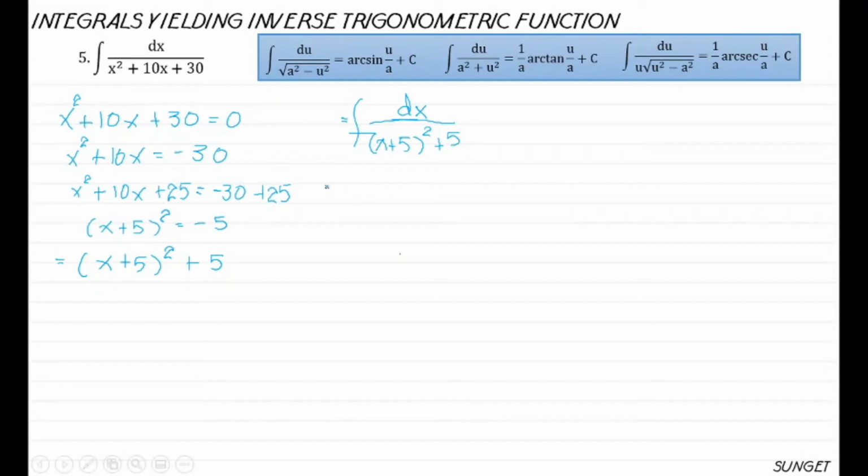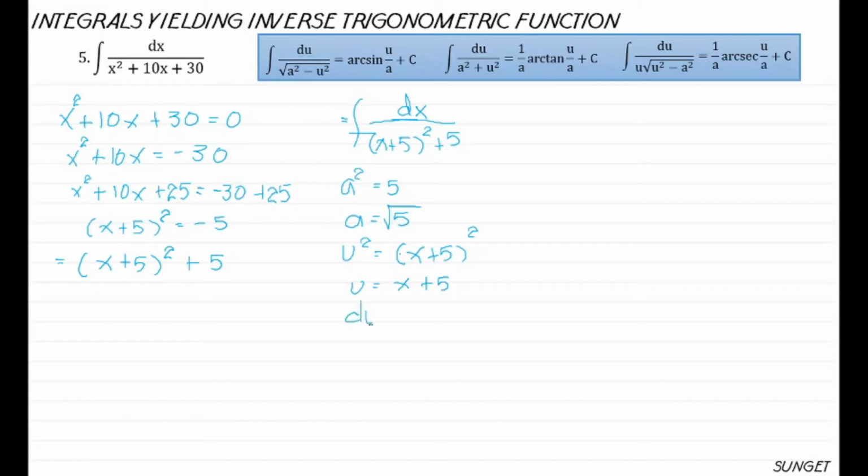Then next, solve for the value of a and the value of u. So a squared is equal to 5. Get the square root of both sides, so a is equal to square root of 5. Then u squared is equal to (x plus 5) squared. Get the square root of both sides, so u is equal to x plus 5.